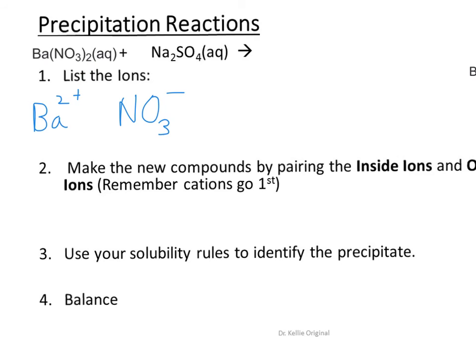List the ions. Same thing over here, right? The ion is sodium. We've not memorized anything Na sub 2, right? Sodium's in group 1A, so we know that it's a +1 ion. We don't care about the 2 until it comes time for balancing. It's bonded to sulfate. Again, you've memorized that sulfate is 2-.